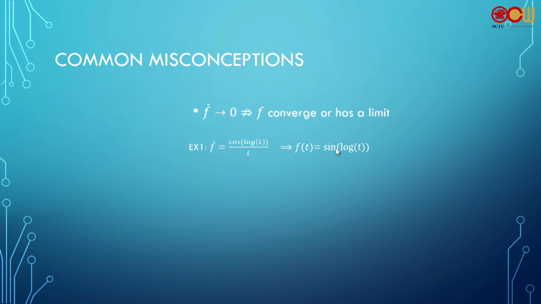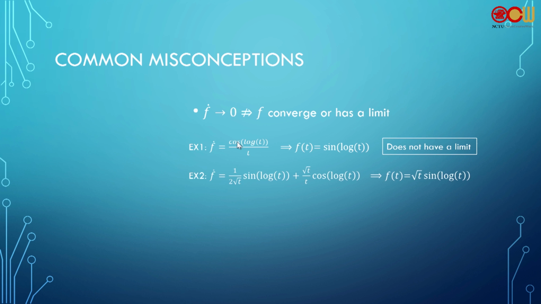It always oscillates, but f dot approaches 0 as t goes to infinity. The second example is this. Again, as t goes to infinity, f dot approaches 0, but f(t) never has a limit because of the sine function here. So this is the misconception, and it will be used to prove Barbalat's lemma.